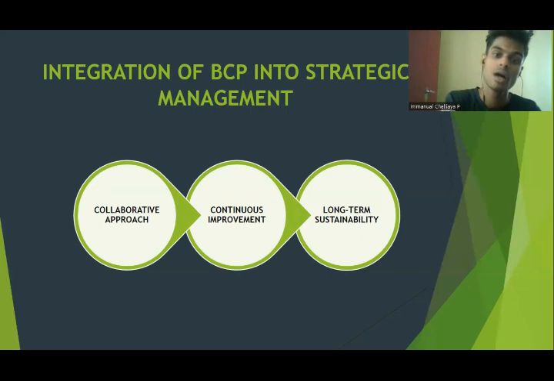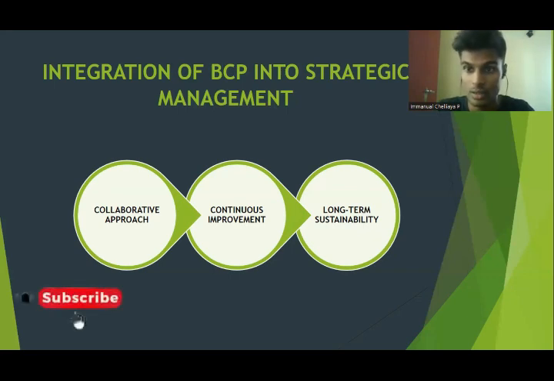And finally, long-term sustainability. Protecting the critical assets and operations of a company is very important. BCP integrated with strategic management helps directly, and also helps to ensure business longevity and viability.